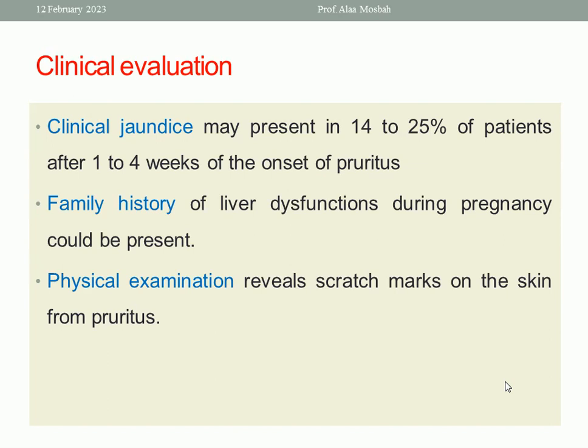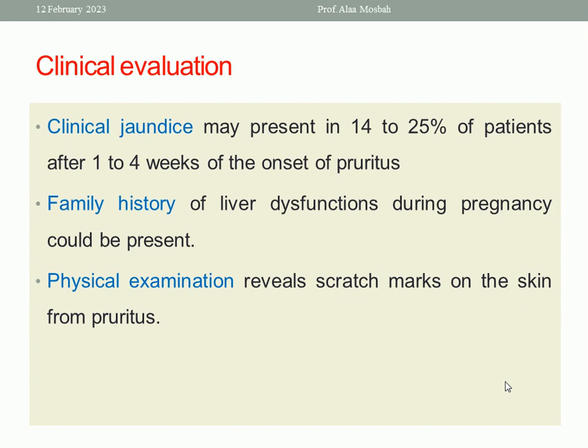It is variable in range. Some say 5 to 10%, 14 to 25% of patients. But jaundice, when it develops, appears 1 to 4 weeks after the onset of pruritus. So pruritus is the most important and the first presenting symptom.